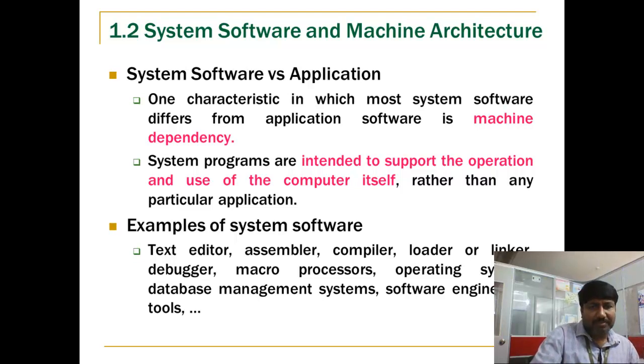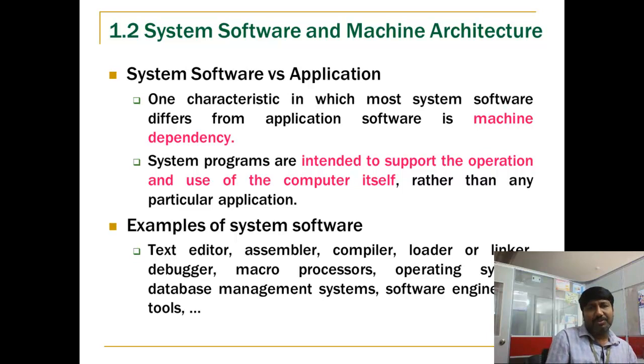System programs are intended to support the operation and use of the computer itself. If I want to run a program, I need system software. If I want to execute a program, I need a system program. If I want to load some content into memory, I need system software.